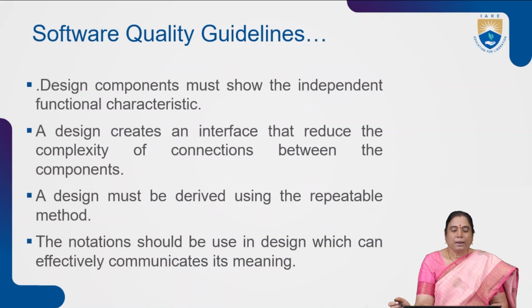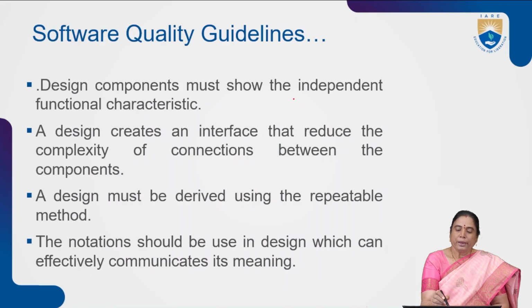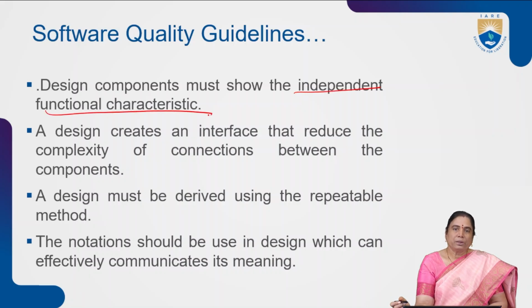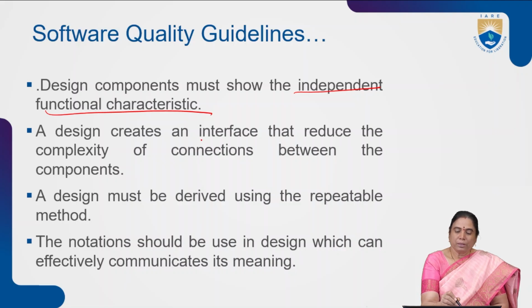The quality guidelines that are followed in the design process are: design components must show independent functional characteristics. So the distinct features or functionalities are modeled in the software project. A design creates an interface that reduces the complexity of connections between the components.